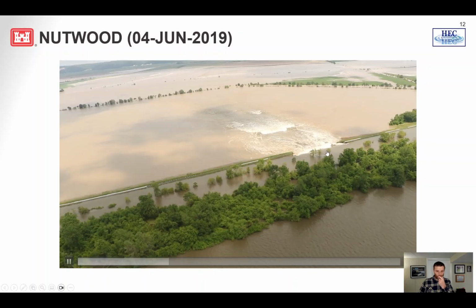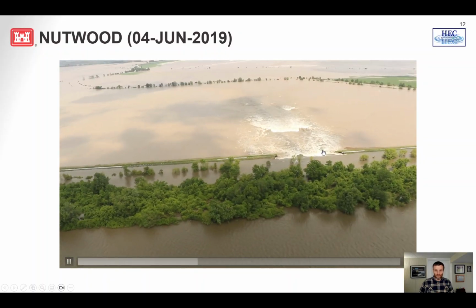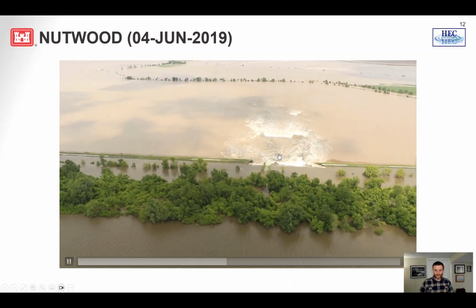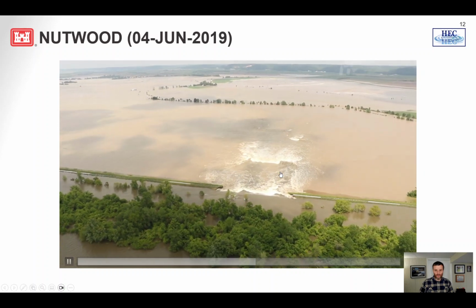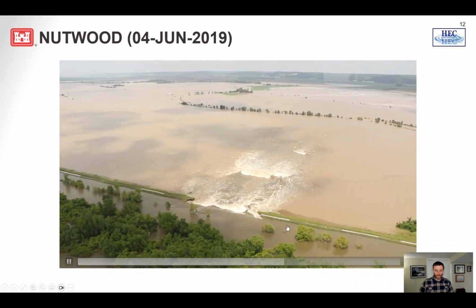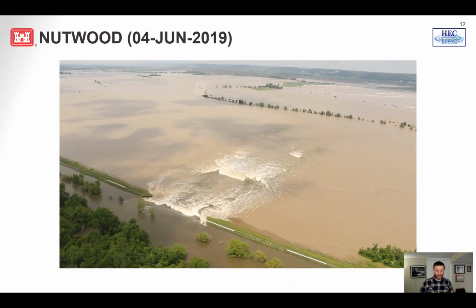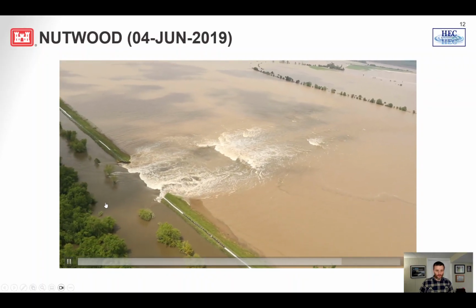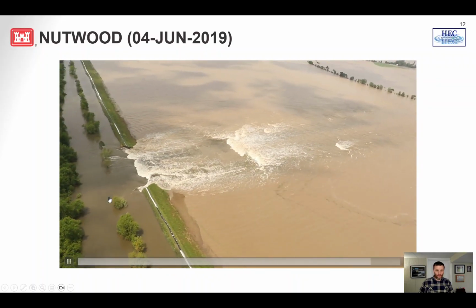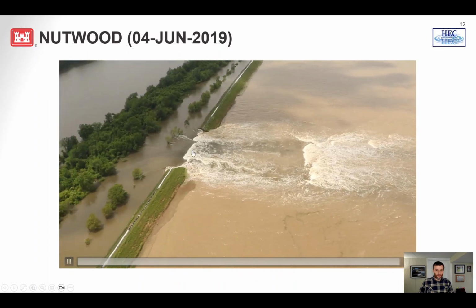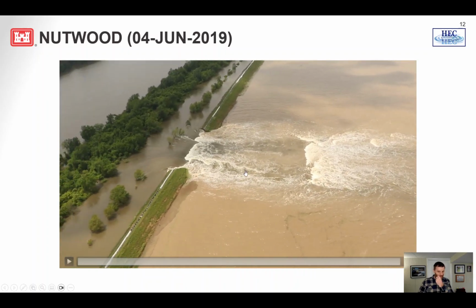So you can see the propagation of the breach scour occurring here. It's a massive scour that ended up materializing here.